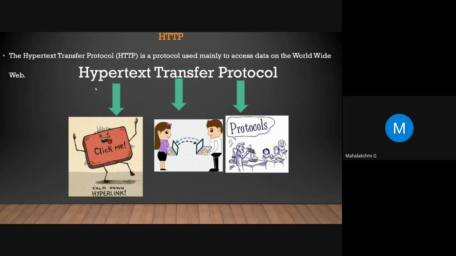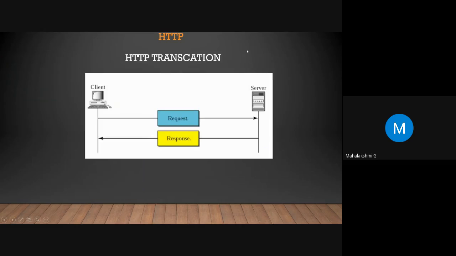We know that FTP is the File Transfer Protocol and SMTP is the Simple Mail Transfer Protocol. We are going to see about this in detail in our next video. Hyper means, as I told you, link, and whenever you click the link, a document is going to be transferred. Okay, so this is what we call hypertext transfer protocol.